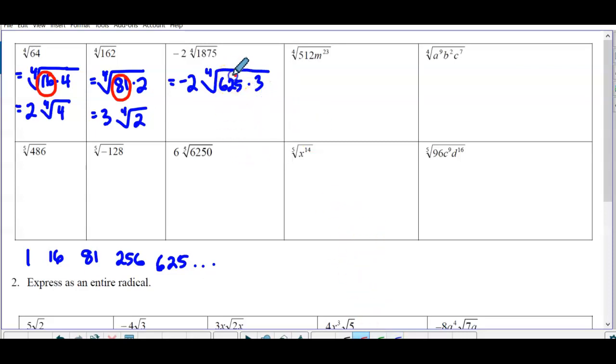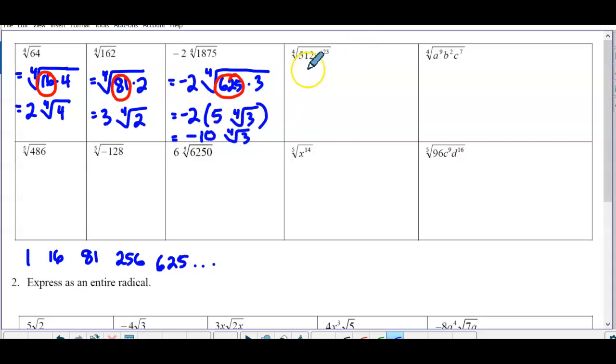Okay, and then fourth root. So negative 2, and that's going to be 5, fourth root of 3. And so that simplifies to negative 10, fourth root of 3.